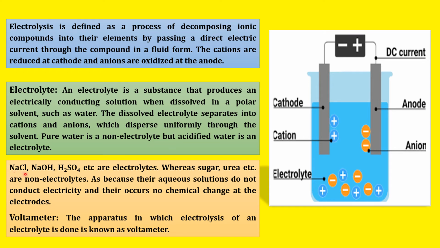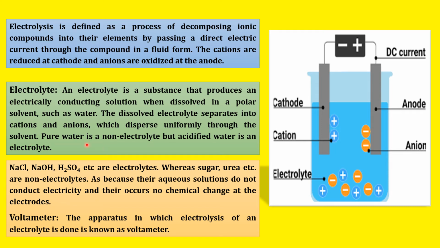Now NaCl or sodium chloride, NaOH or sodium hydroxide, H2SO4 or sulfuric acid, etc. are electrolytes. That means they dissolve into ions. About NaCl, I have already told you: Na plus and Cl minus. NaOH will be dissolved into Na plus and OH minus, that means sodium ion as cation and hydroxyl ion as anion.